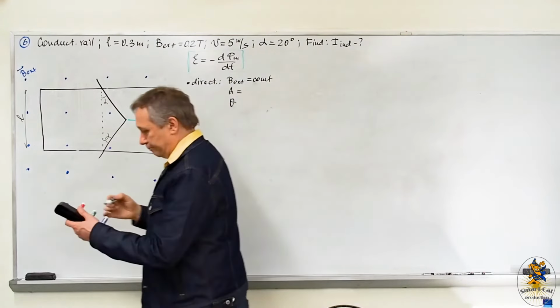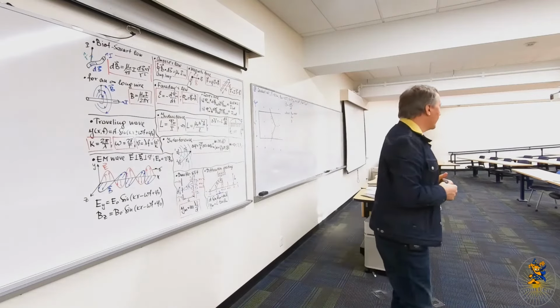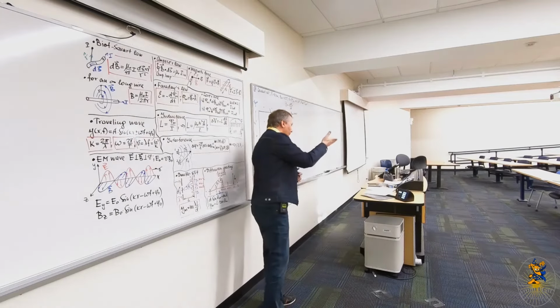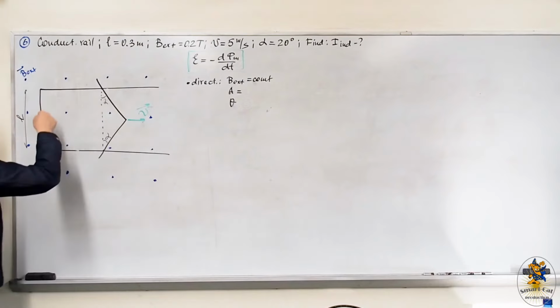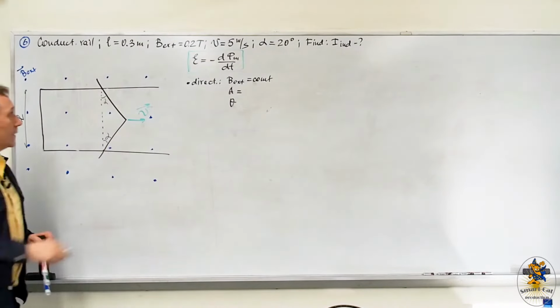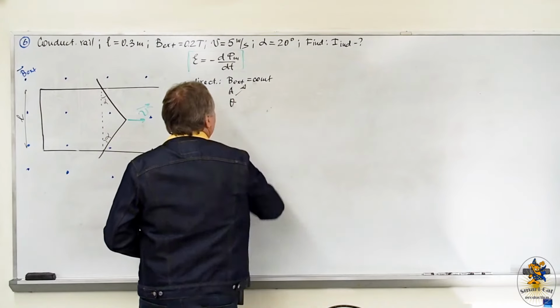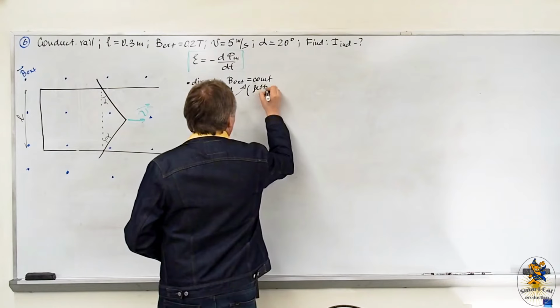Then area: what happens to the area of the loop? It gets bigger. As we move, this area is getting bigger and bigger.